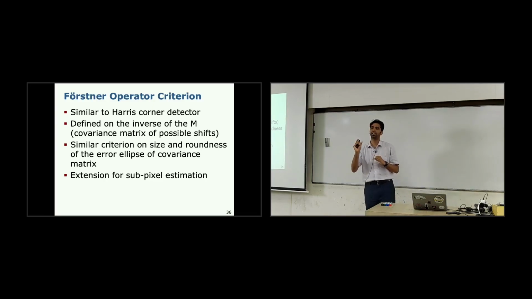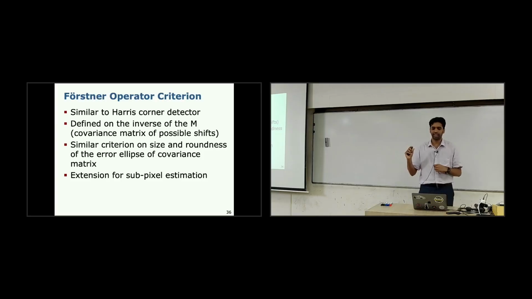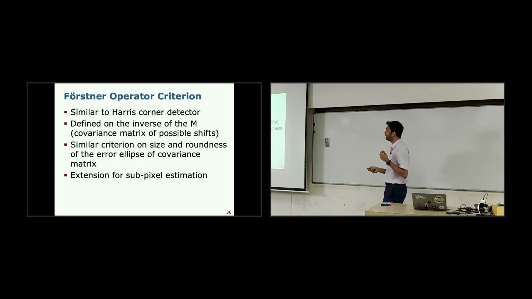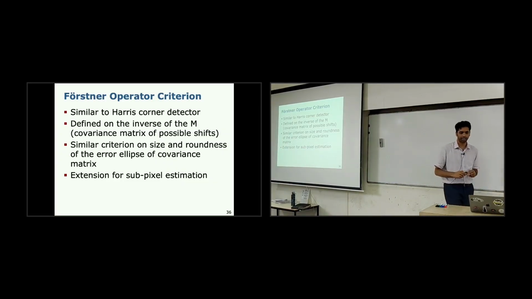Essentially, he looks at the minimum amount you can shift without changing this covariance matrix a lot, because the smallest shift which will explain the covariance matrix will be the exact point where the corner falls. So it's a little bit more complicated, but the reason people do this is if you really want a sub-pixel estimation, you could go for the Förstner operator.